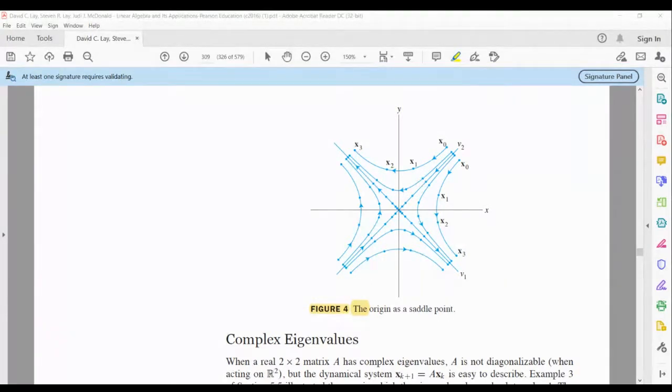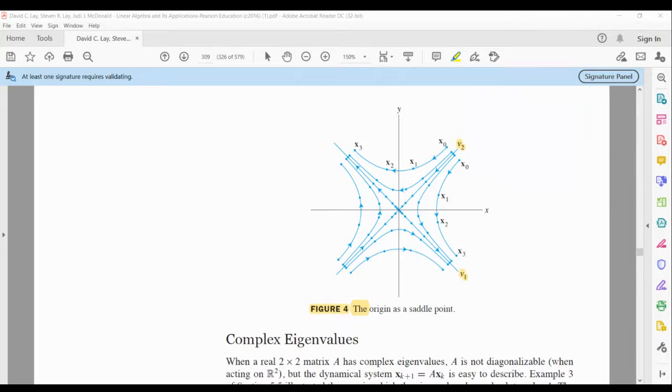Do you see that? Here's v2, here's v1. You do have an x and y axis, but those are not the most convenient axes for drawing these saddle point trajectories.